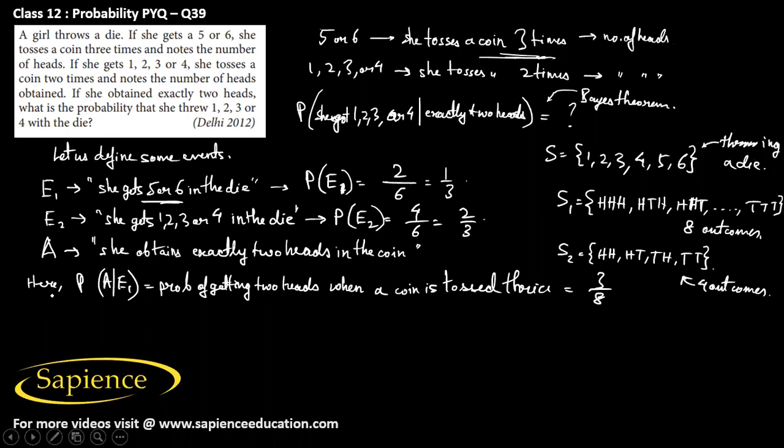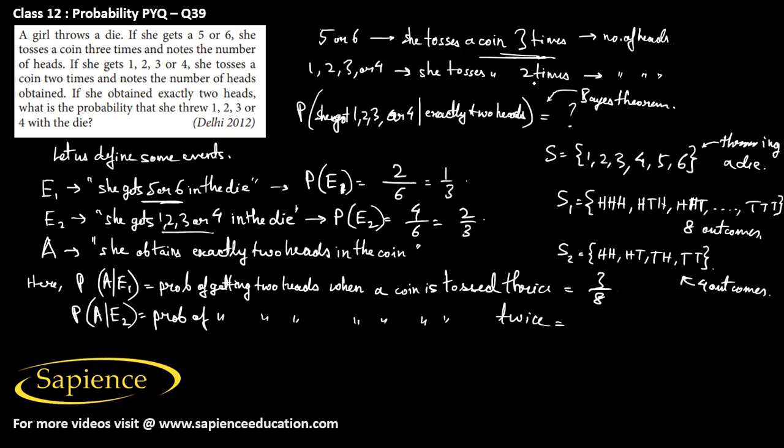Then P of A given E2 is the probability of getting exactly two heads when a coin is tossed twice, since when she gets 1, 2, 3, or 4, she tosses a coin two times. She will get two heads only once out of the four outcomes, so it will be 1 by 4.